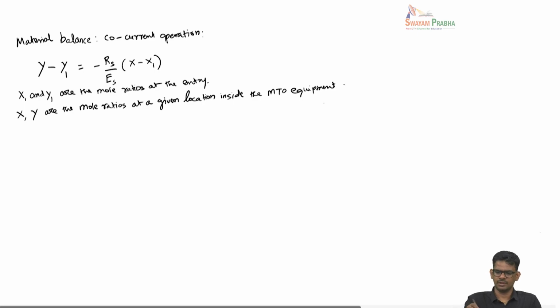And we also discussed that this is an equation of a straight line with minus Rs by Es as the slope.